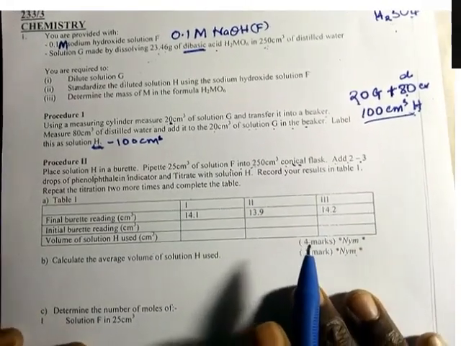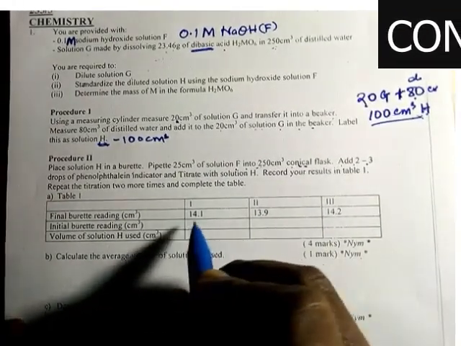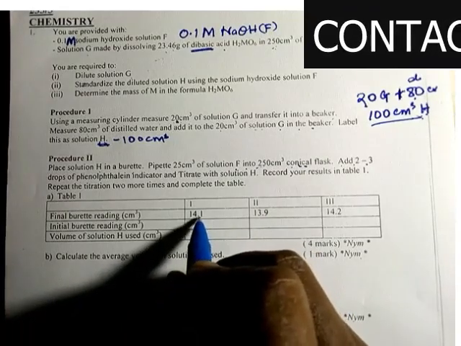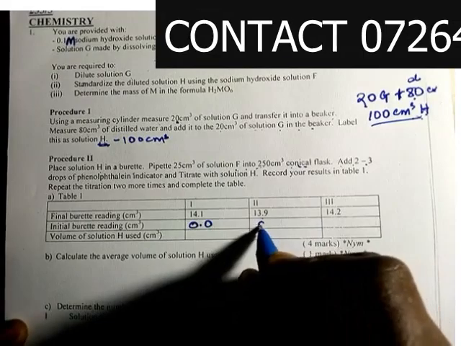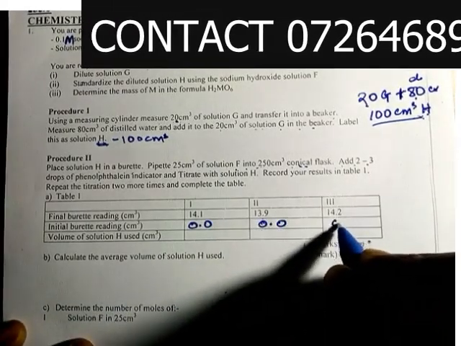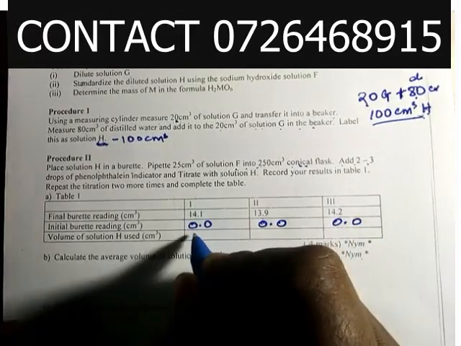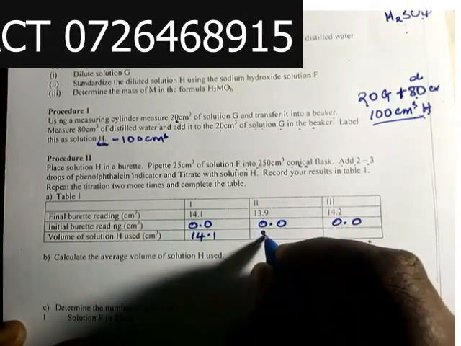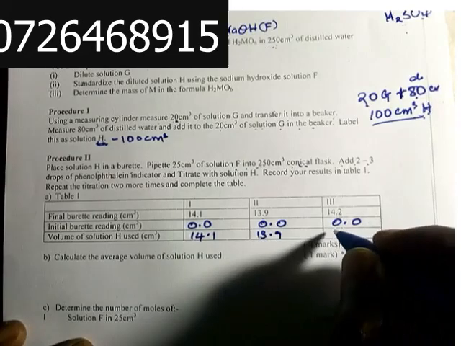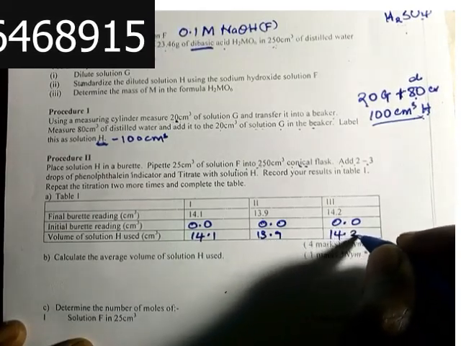So let us complete the table. Because we have been given values to one decimal place, we will take our initial to be 0.0, 0.0, 0.0. You subtract here, and it is going to be 14.1, 13.9, 14.2.